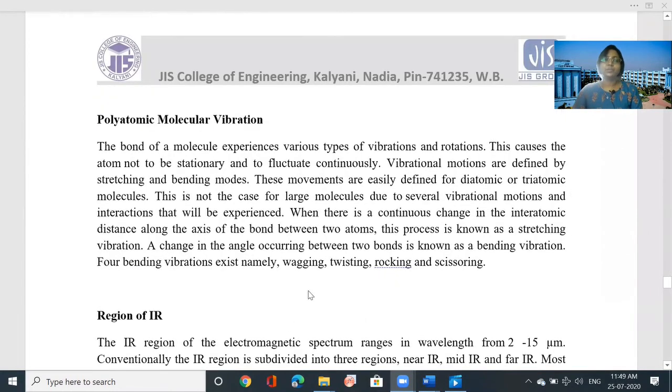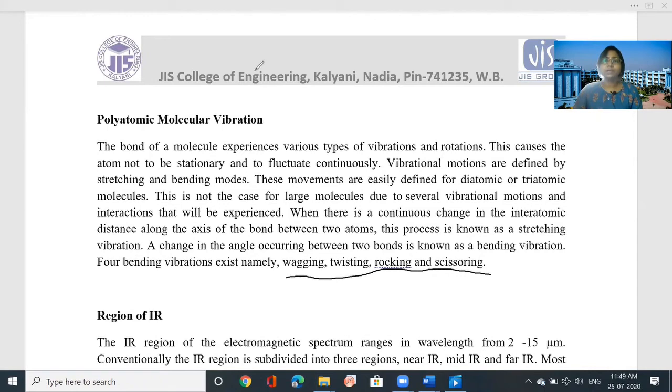Now, polyatomic molecular vibration. The bonds of a molecule experience various types of vibration and rotation, as you have seen for carbon dioxide. There are different types of vibration, like wagging, twisting, rocking, scissoring.